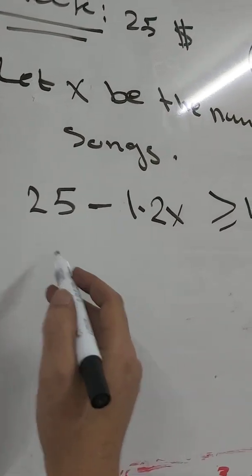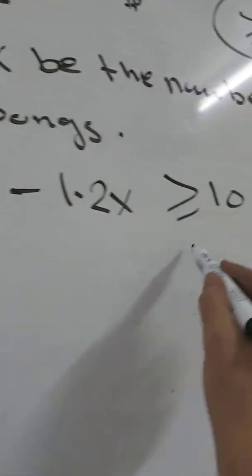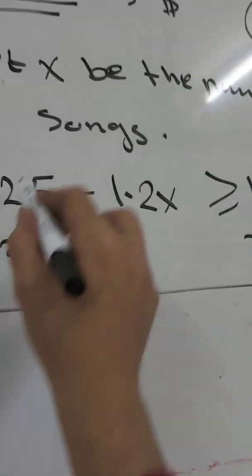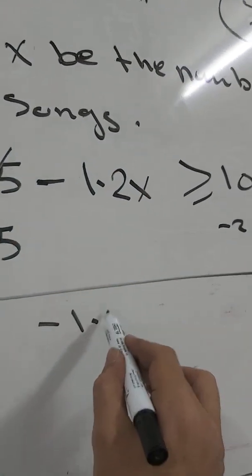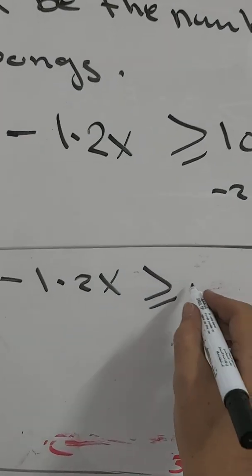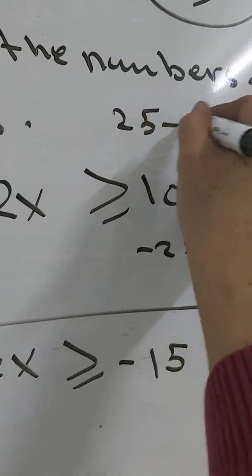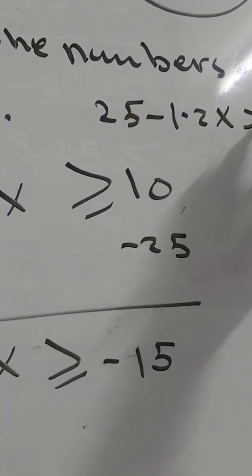Let's subtract 25 from both sides. So negative 25, negative 25. These are gone, still negative 1.2x more than or equal to 10 minus 25, guys, negative 15.